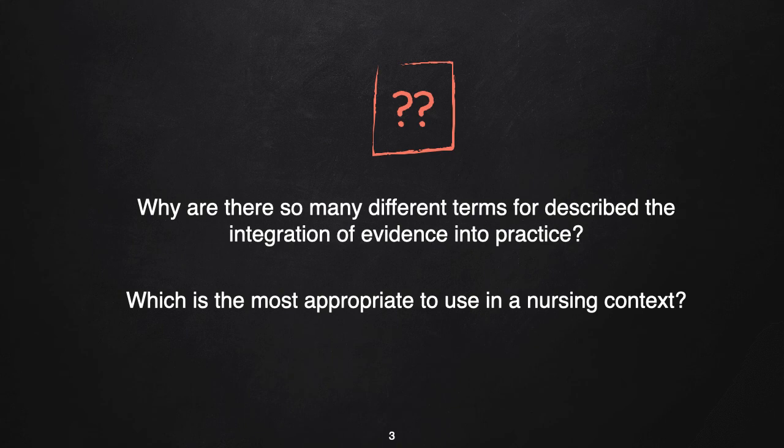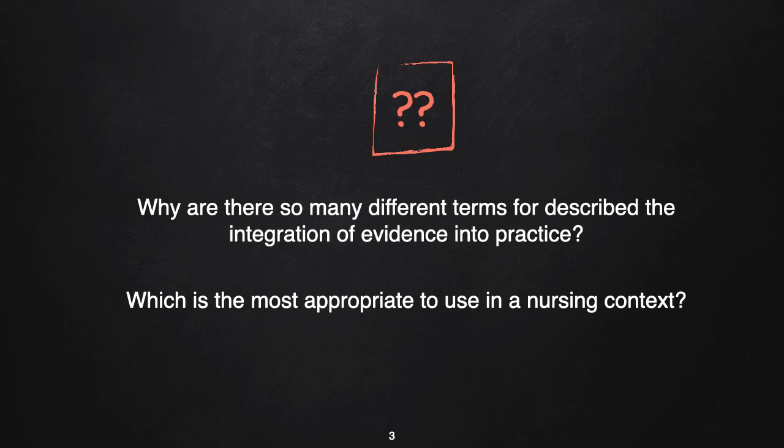When we look at all these terms, it's probably logical to ask the question, why are there so many terms to describe the integration of evidence into practice? The short answer is, as time has gone on, our thinking about this has changed and we've progressed from focusing maybe on using evidence in one particular discipline, such as medicine, and then broadening out.